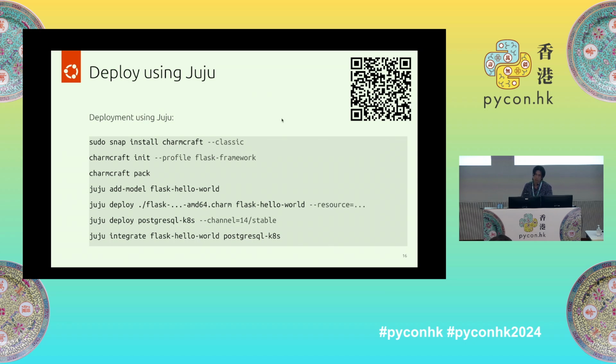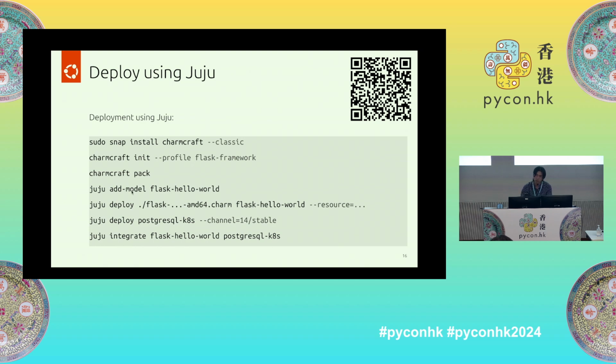Applications in Juju are called charms. You will install Charmcraft, which is another craft tool like Rockcraft, but for packaging your applications. We'll initialize the project using the Flask framework, and then we'll just pack it.